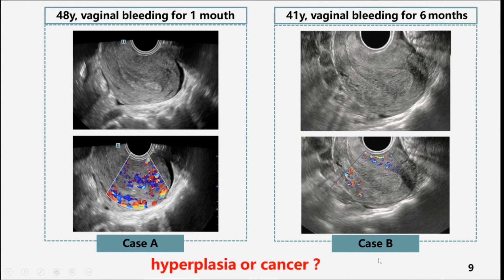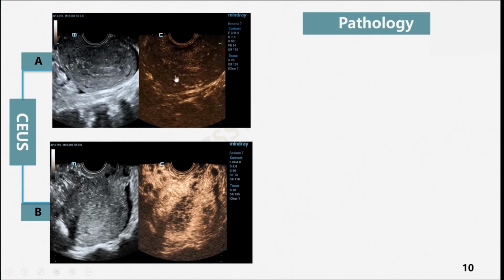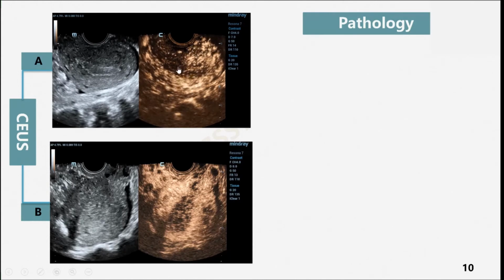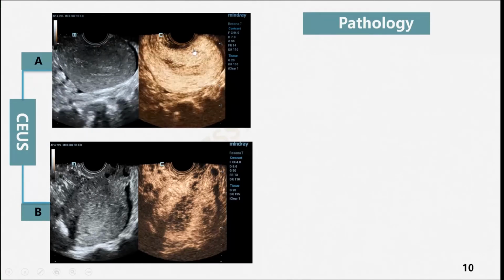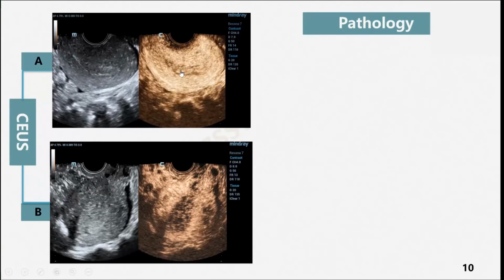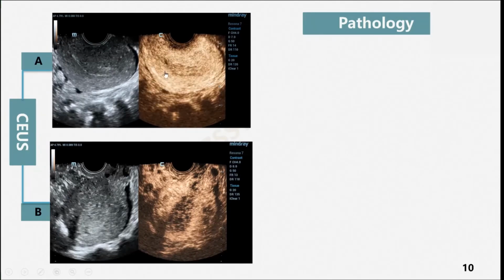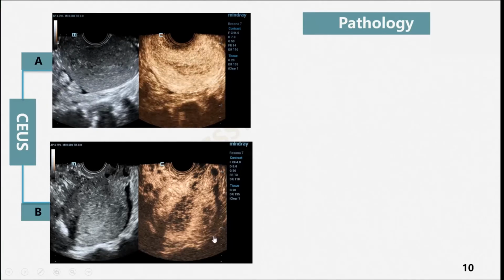And then, how to distinguish A from B, which is hyperplasia and which is cancer, or both of them are hyperplasia. So let's see the CEUS, and now we can clearly find that in case A, the arrival time of the lesion is almost synchronized with that of the myometrium and is vastly earlier than the rest of the endometrium.